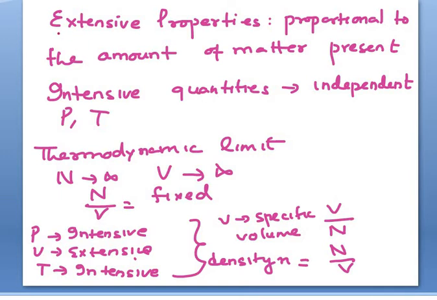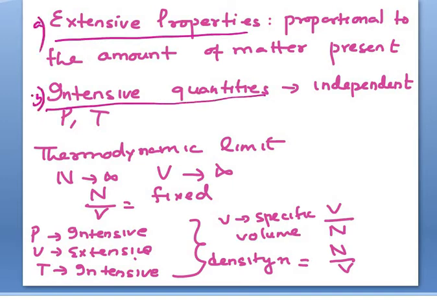Now, we will discuss some important characteristics: extensive properties and intensive properties. Let us take A and B of a thermodynamic system. An extensive property is proportional to the amount of matter present; an intensive property is independent of the amount of matter present. Common examples are volume, pressure, temperature, etc. Now here we will discuss another thing, known as the thermodynamic limit. When N, the number of particles, is very large, and V is very large, N by V is fixed.